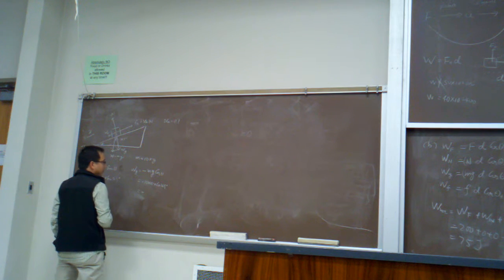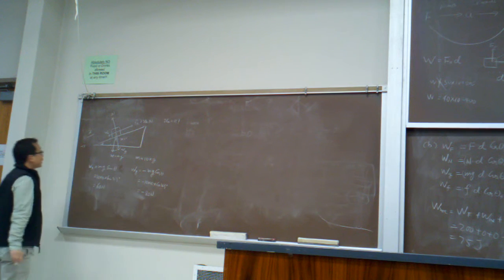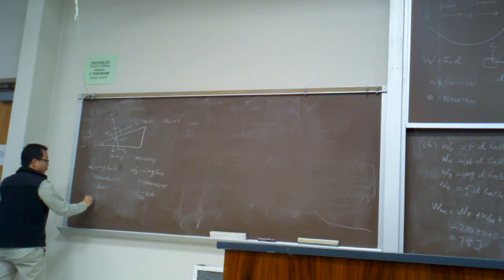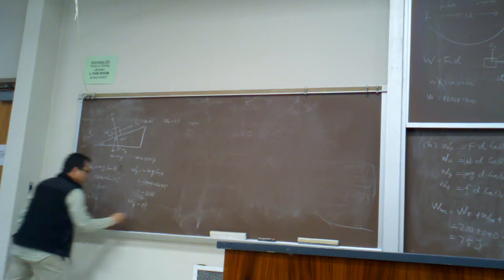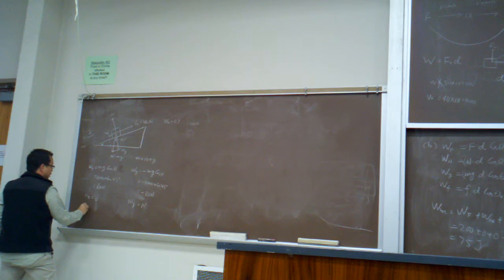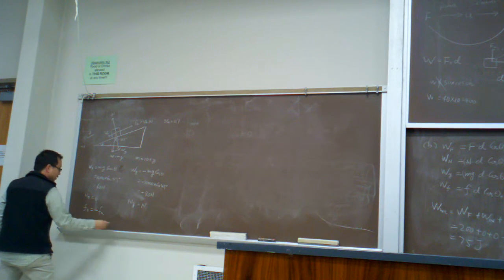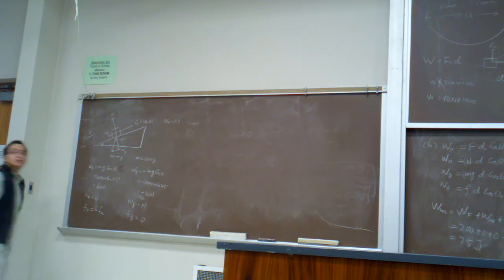So this is negative 80 Newton. Okay. And of course you have Nx equals 0, Ny equals N, and Fx equals negative Fk, and Fy equals 0, right?